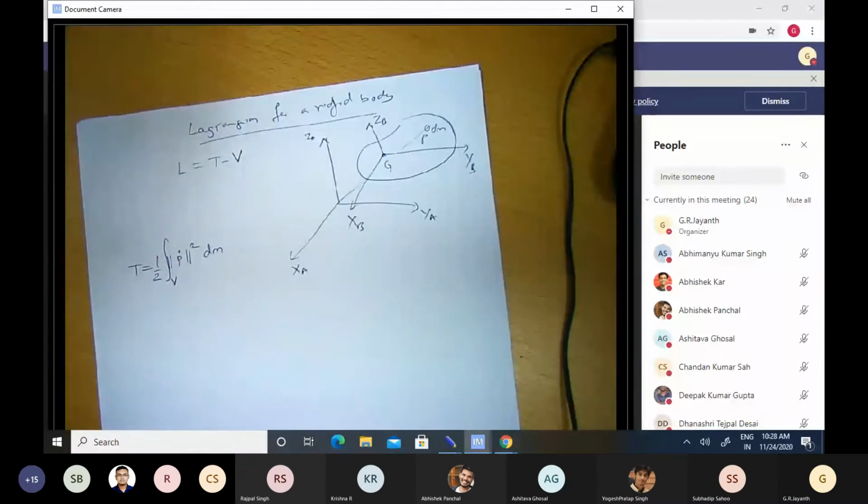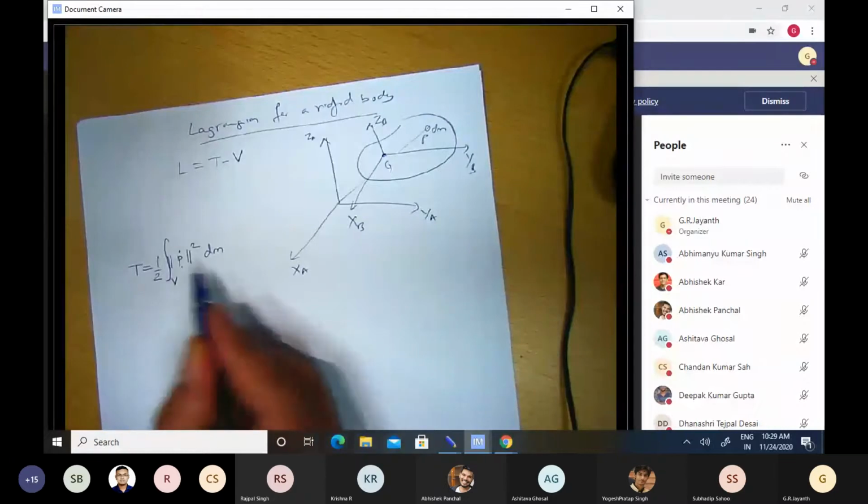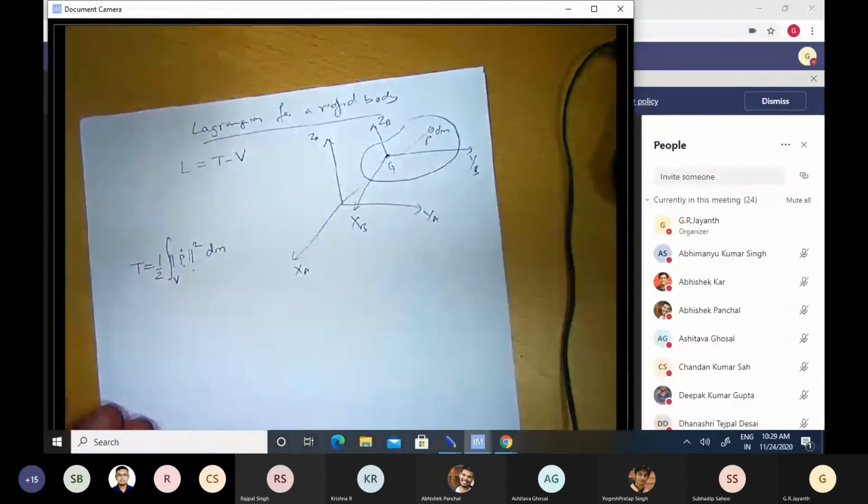Okay, notice that I have not taken care to represent P dot in either the A or the B frames, because it doesn't really matter, right? We notice that even if the representation of a vector were to change, the magnitude of the vector doesn't change when you represent it in a different coordinate system, right?